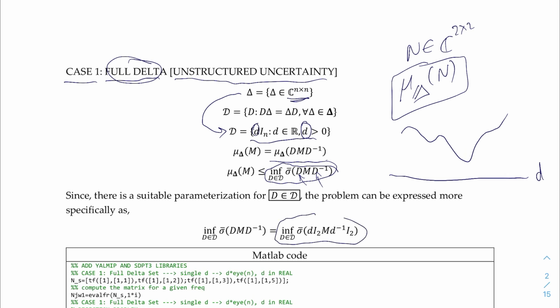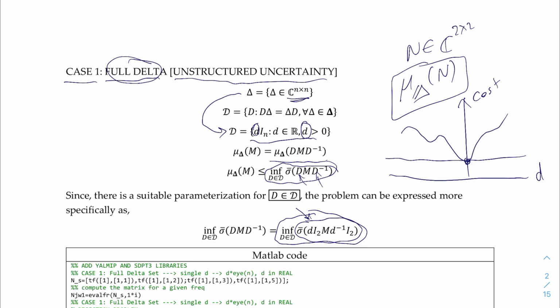Here we can see that: give me a D and I'm going to give you the cost. Let's call it cost. And by using such arguments, you can just compute SSV.